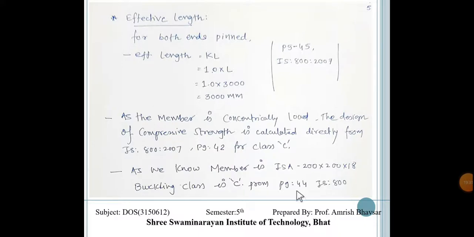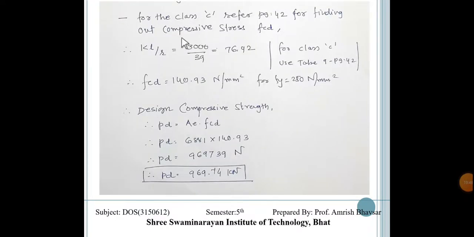So for the class C, we have to take page number 42. In that case, first we have to find out the KL upon R, right? For the class C, refer page number 42 for finding out the compressive stress FCD.